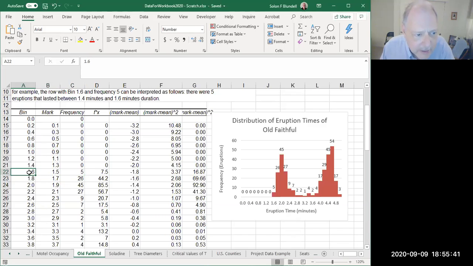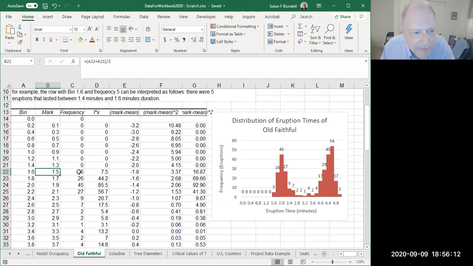These are the upper boundaries of the class. So we have 5 eruptions. Probably none of them were exactly 1.6. All we know is that they were close to 1.5. That's the class mark, the middle of the bar, halfway between 1.4 and 1.6.